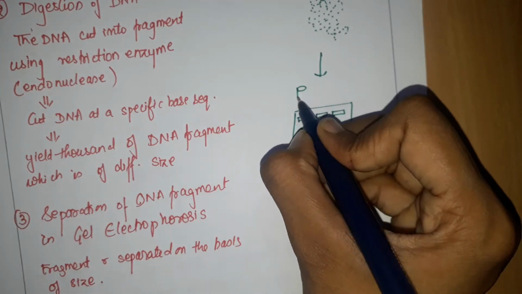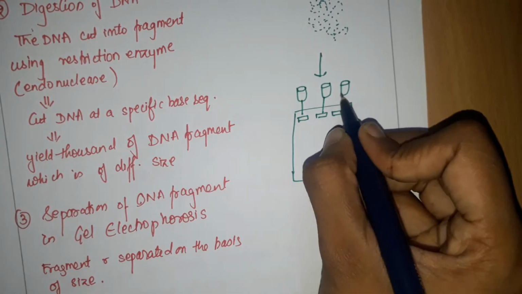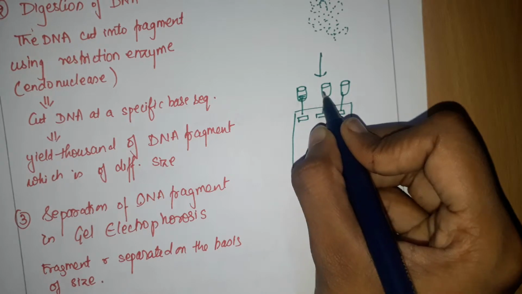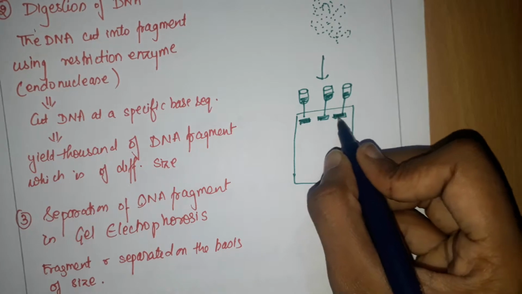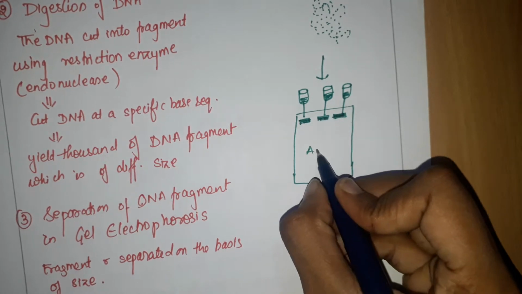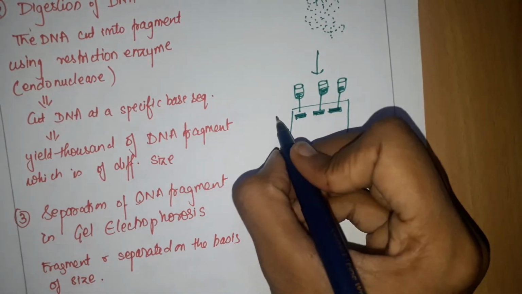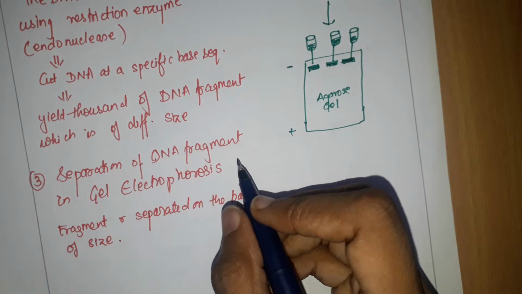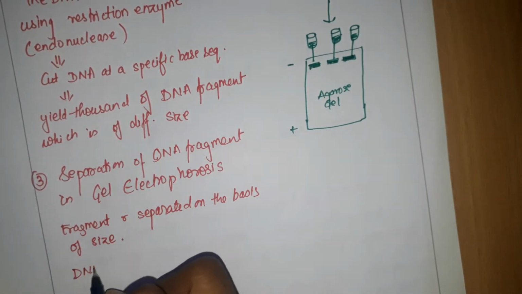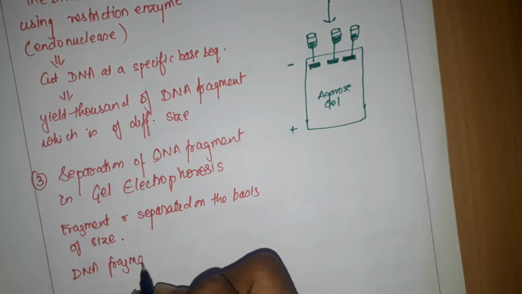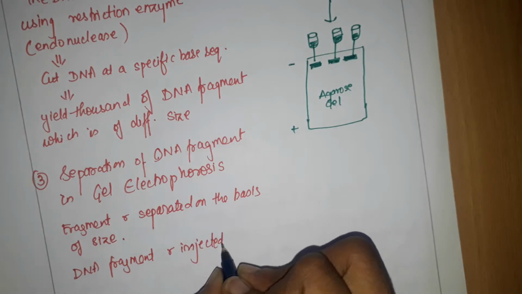We have to add our sample into it. Here agarose gel is present. This is positive and this is negative. Now DNA fragments are injected into the well.